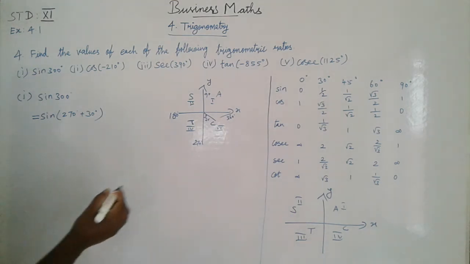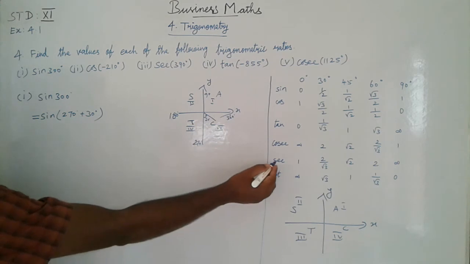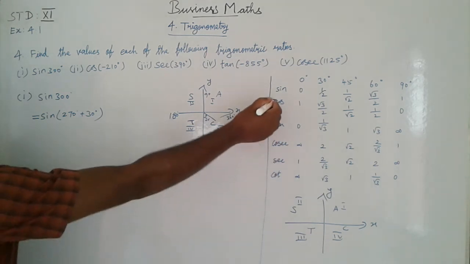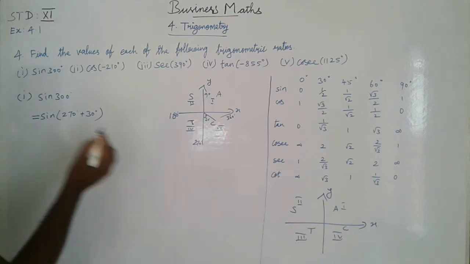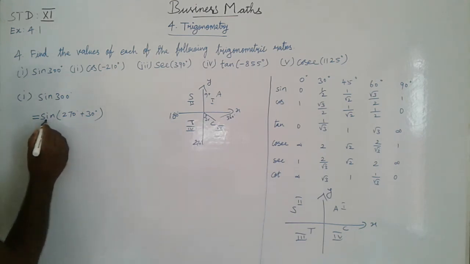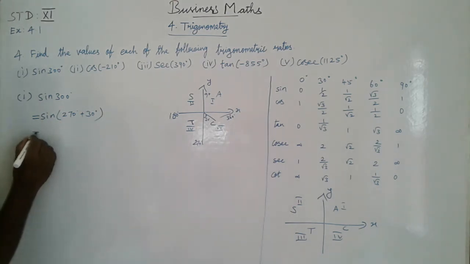So cos and its reciprocal, secant, are positive here. Sine is given: sin(270 plus 30 degrees) becomes cos.